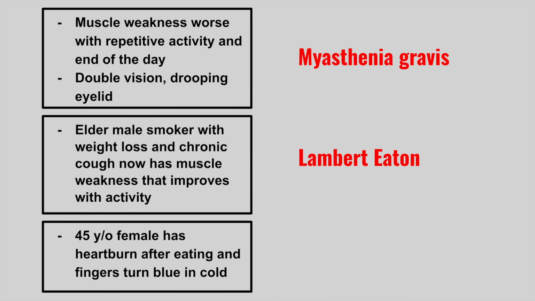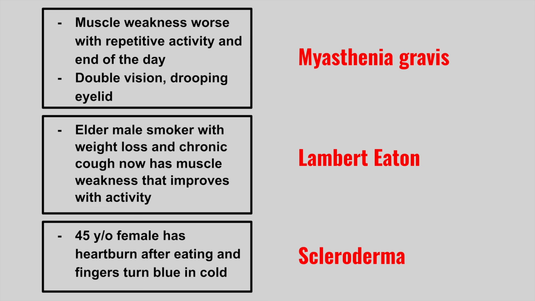Next, we have a patient who's 45 years old. They develop heartburn after eating, and their fingers turn blue in the cold. So this is scleroderma. And remember, the difference between CREST syndrome versus scleroderma is that CREST syndrome just has the calcinosis, the Raynaud's phenomenon, the esophageal dysmotility, the sclerodactyly, and the telangiectasias, versus if you have other symptoms that affect different parts of your body, we call that diffuse scleroderma.